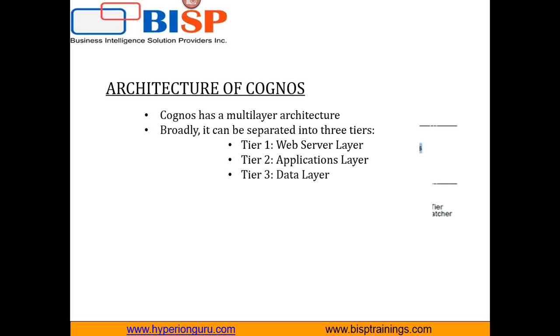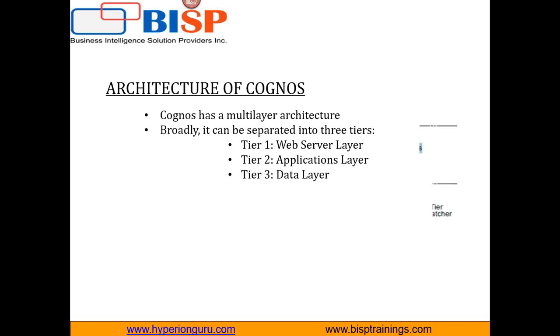In front of you now is a multi-layer architecture diagram of Cognos. As you can see, the first tier holds the web-based and Windows-based components used by the different users of Cognos. They basically reside at this level, on web-based and Windows-based interfaces.